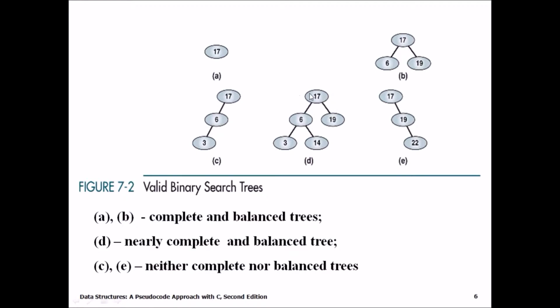All numbers here, as per the definition, follow the rule. And C and E are neither complete, because you need to have left and right subtrees of every node. So C and E are neither complete nor balanced trees, though the numbers are following the rules for BST.